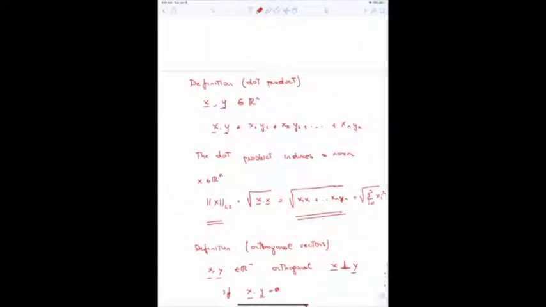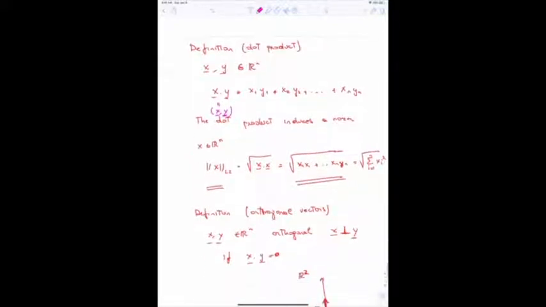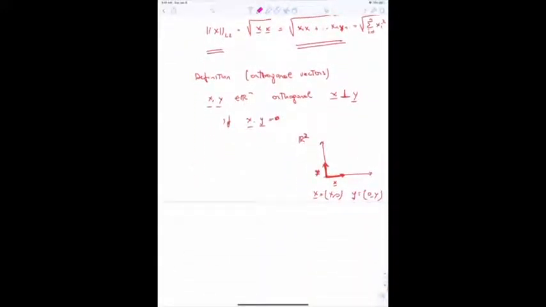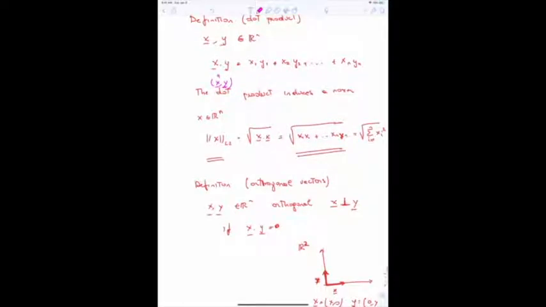The dot product has a different notation too. Some people use a parenthesis, x comma y. The key point is that this quantity is a scalar. So you take two vectors and their product is a scalar. That's the dot product.